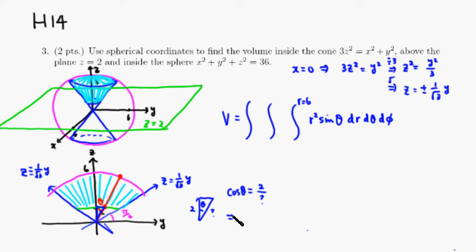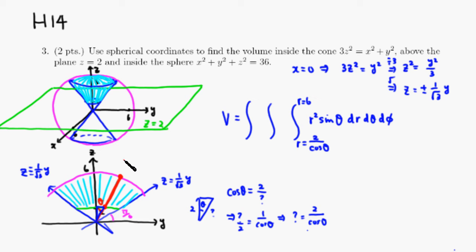Taking the reciprocal, that question mark is 2 over cosine theta. So r is going to start from 2 over cosine of theta. That takes care of this segment here.